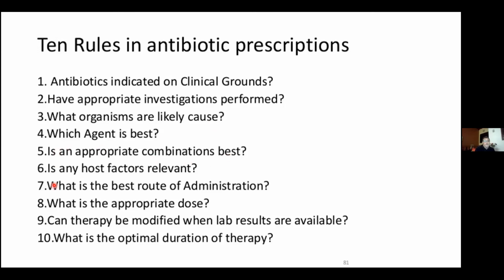Is any host factor relevant, whether the patient is immunocompetent or immunodeficient or has chronic debilitating medical illnesses? What is the best route of administration? What is the appropriate dose? Can therapy be modified when lab results are available after culture and sensitivity tests? And what is the optimal duration of therapy?